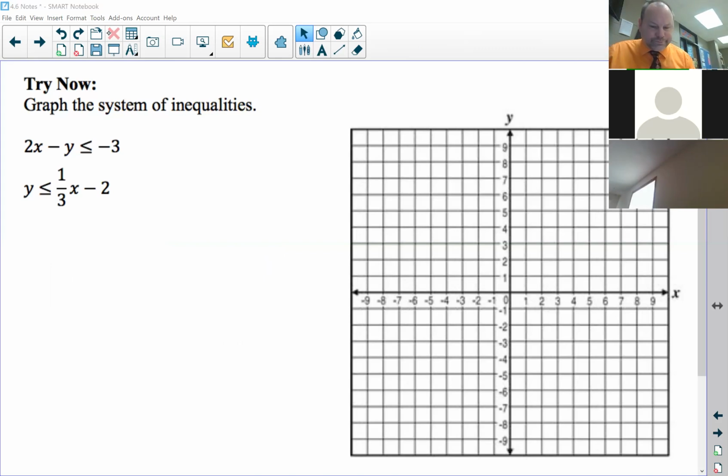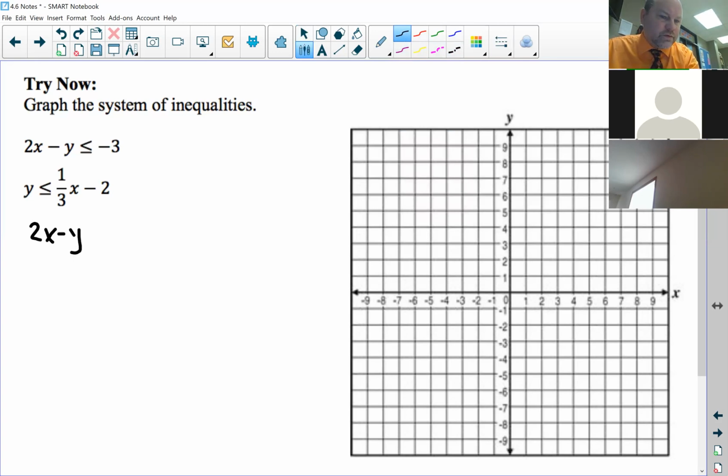All right. So I'm going to move this first equation. I'm going to rewrite it below, just because I need to do a little work with it. Because there isn't a number in front of the y, I would probably get it in that slope-intercept form.